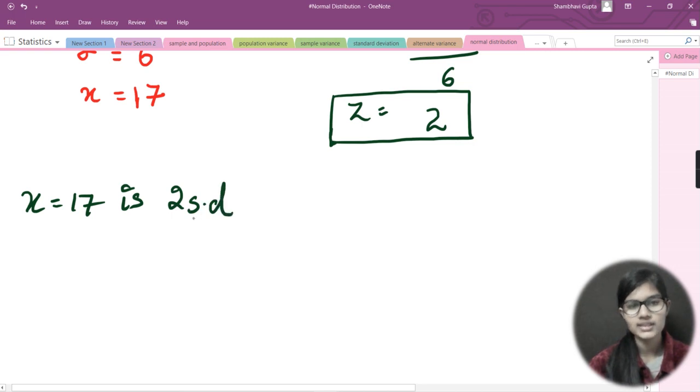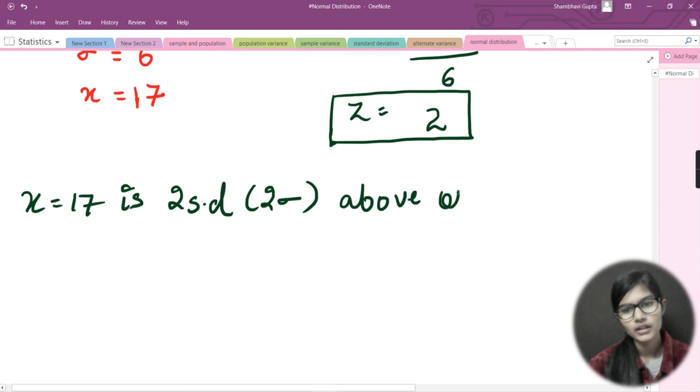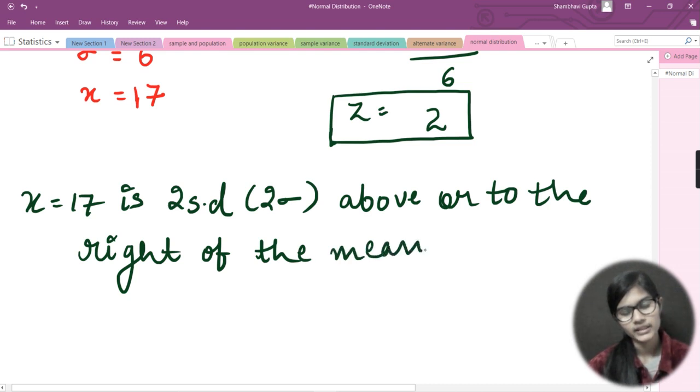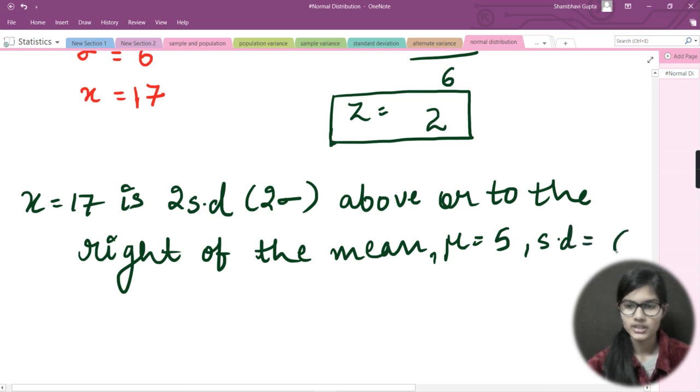Now the full form of SD is standard deviation, right? 2 is standard deviation, in bracket 2 sigma, above or to the right of the mean, comma, mu is equal to 5, comma, standard deviation is equal to 6.